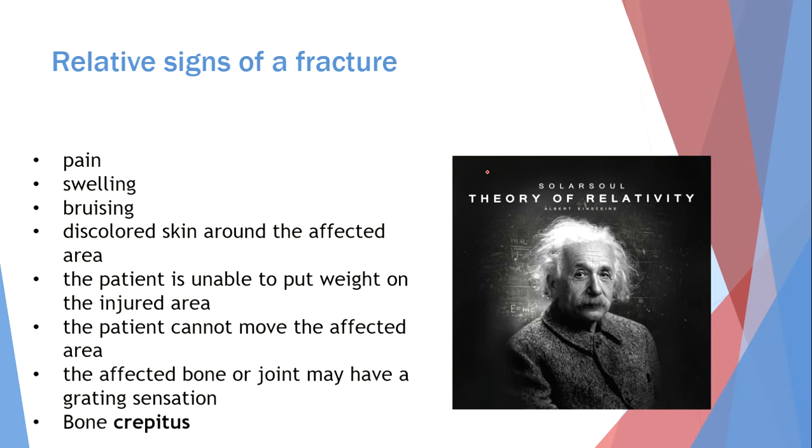Relative signs of a fracture: pain, swelling, bruising, discolored skin around the affected area. The patient is unable to put weight on the injured area. The patient cannot move the affected area. The affected bone or joint may have a grating sensation, and bone crepitus.